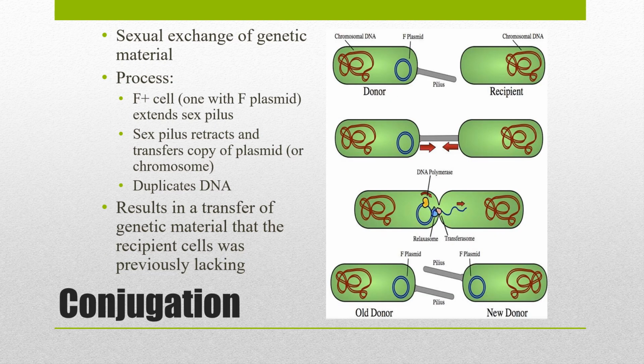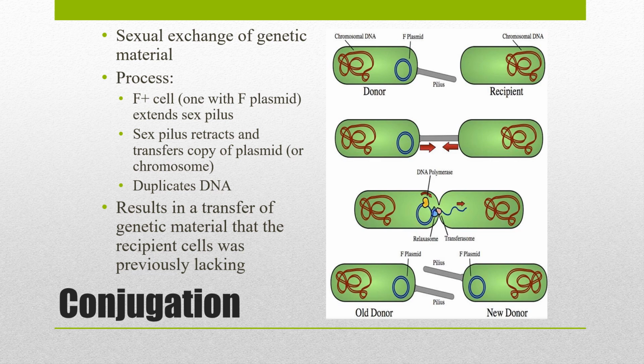Remember that the goal of horizontal gene transfer is just moving DNA from one cell to the next, and in conjugation, this is going to be through a pilus that is going to move genes from one cell to the recipient, in the form of a plasmid, to where that genetic information is now shared to the recipient, and it can now pass on that information as well.